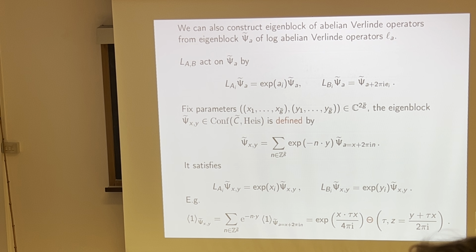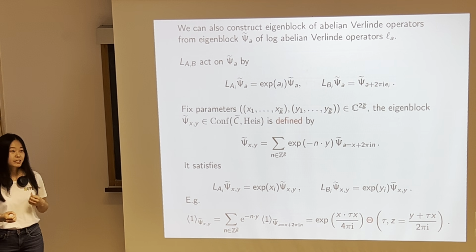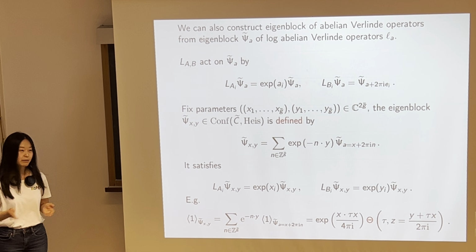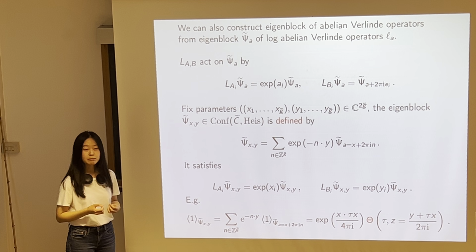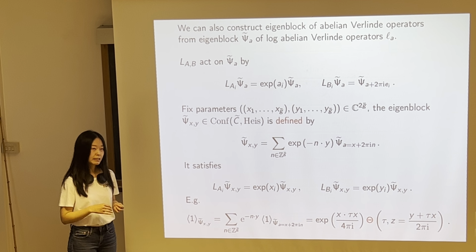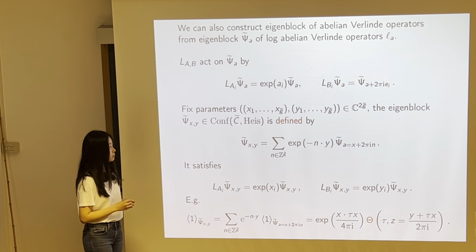In order to make it useful, we should have a good understanding of how to specify an element of the Heisenberg block, and then you can apply the map to it. We have discussed briefly before that we can construct a family of Heisenberg blocks, which is this psi tilde A. And here I want to mention another family first before I apply the non-Abelianization map to it.